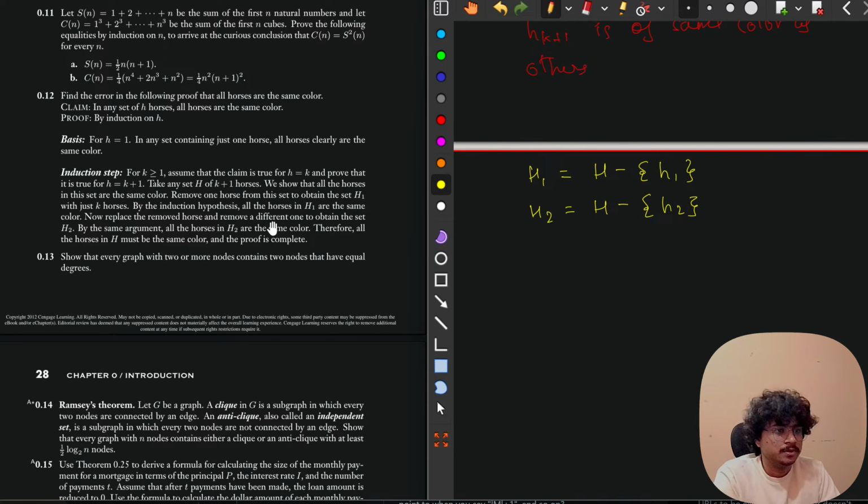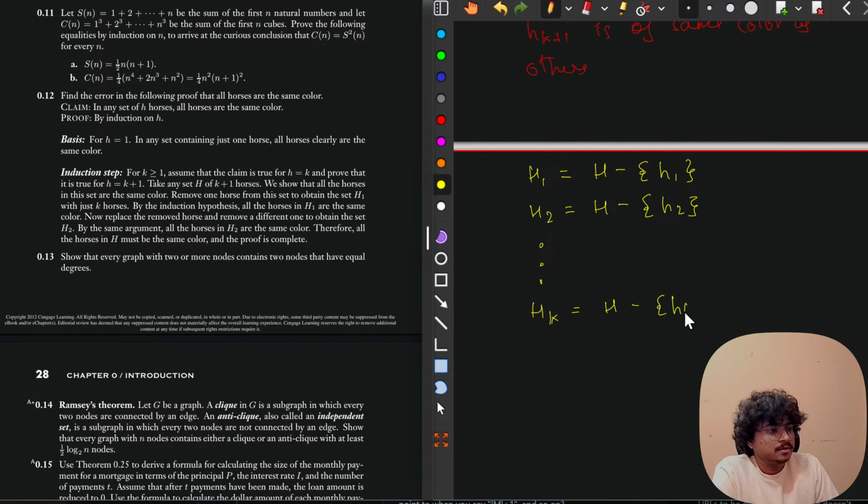I was wrong there. H1 is k horses. But when you actually arrive at Hk, H minus Hk, no.